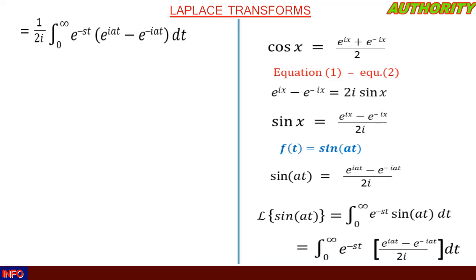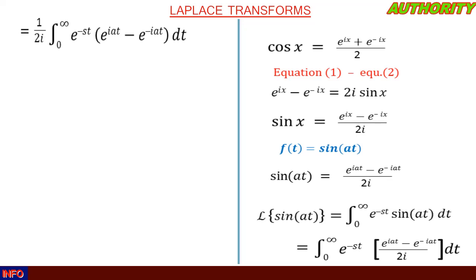Okay, good. Here, let's open this bracket. For us to open this bracket, we use e raised to the power of minus st to multiply the content inside the bracket.